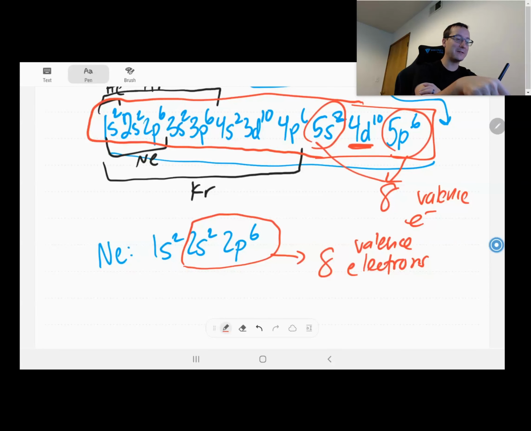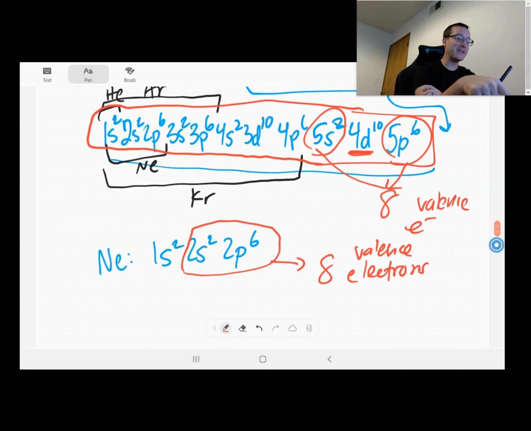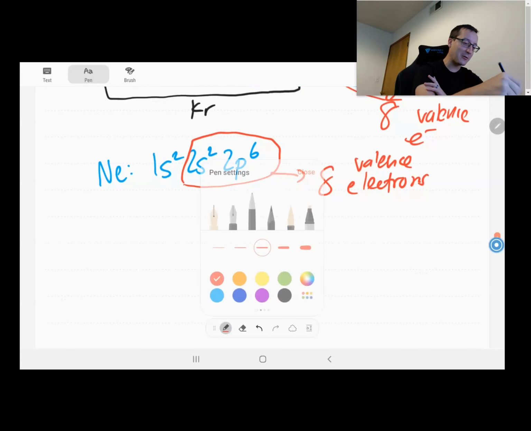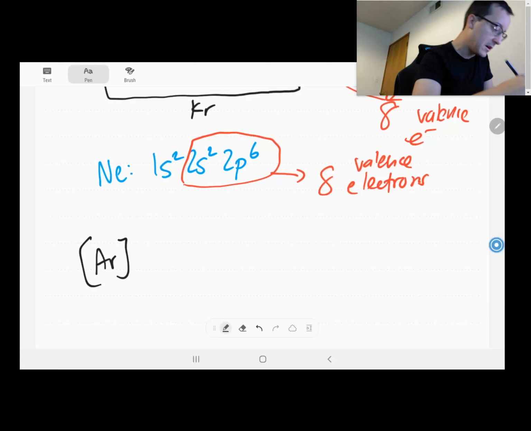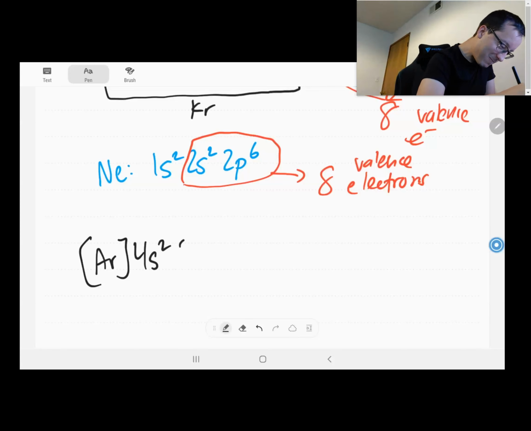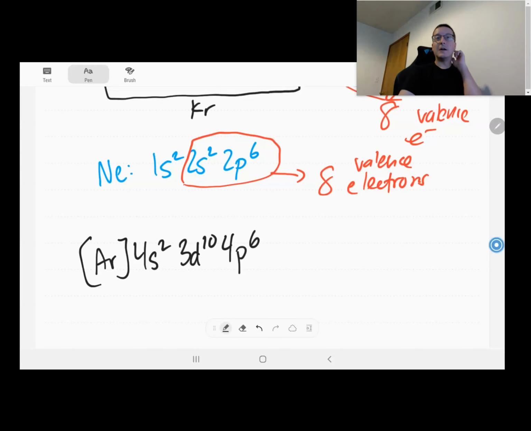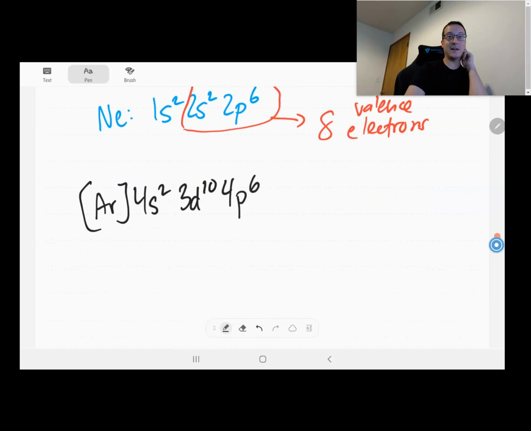Alrighty, which one haven't we done? Krypton. Okay, here we go. I'll write out krypton for us, and I'm going to just go ahead and use the shortcut, because we know everything in the shortcut is going to be core, right? So we don't care about the core. How many valence electrons? You guys are absolutely correct.